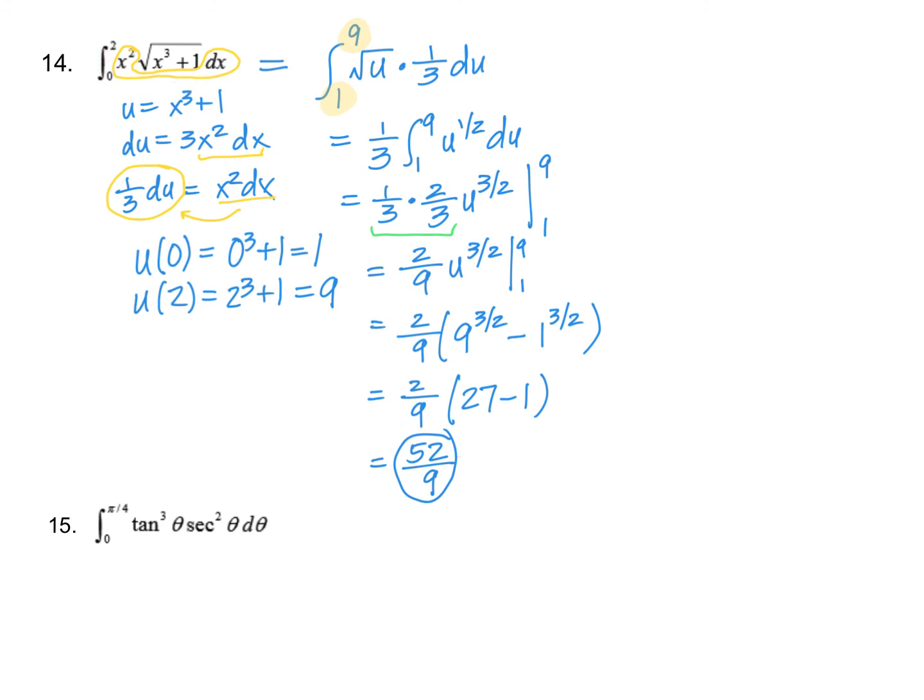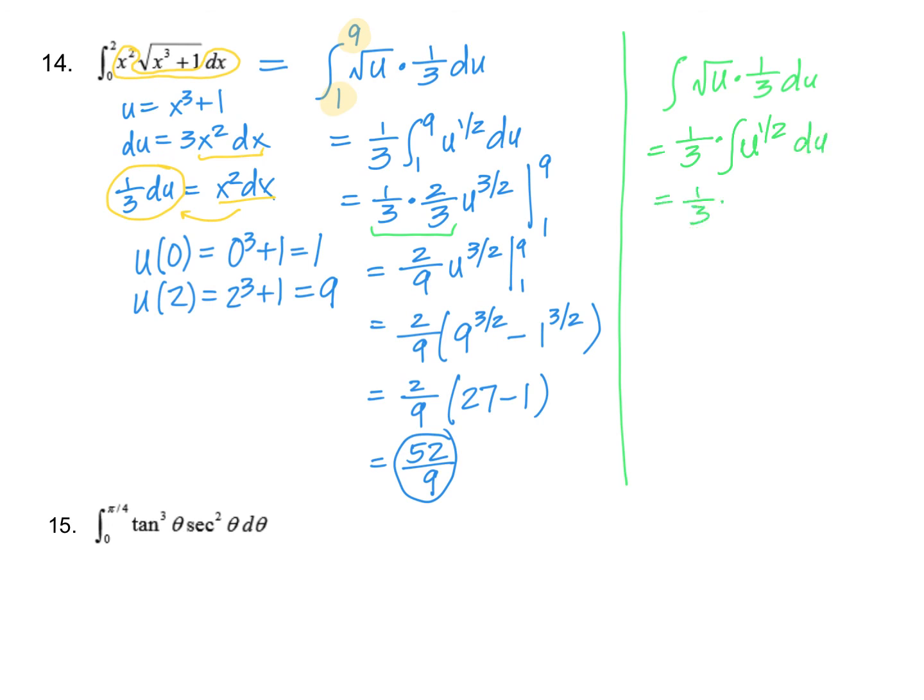Okay, I'm going to actually talk about an alternate way of doing this problem as well. An alternate way of doing this problem is to leave the limits of integration blank for the time being. So notice that right here, I'm writing this exact same line over here, but without any numbers here. Okay, so then I'm going to treat this like an indefinite integral. So I have 1/3 times the integral of u to the 1/2 du.